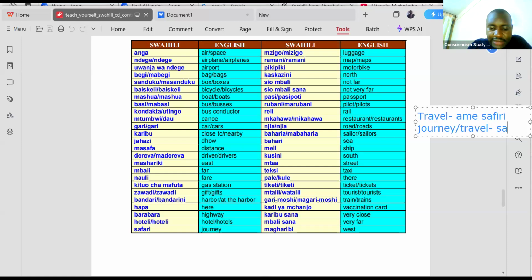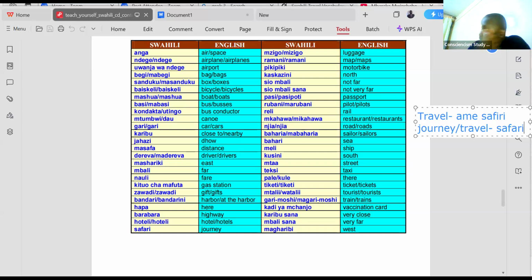So how do we get the word safari? Safari is like ameenda safari or amesafiri, which means safari is the travel or the journey. So I'm having a journey next week, or I'm probably having my next journey this time. So that word journey as a noun is safari.